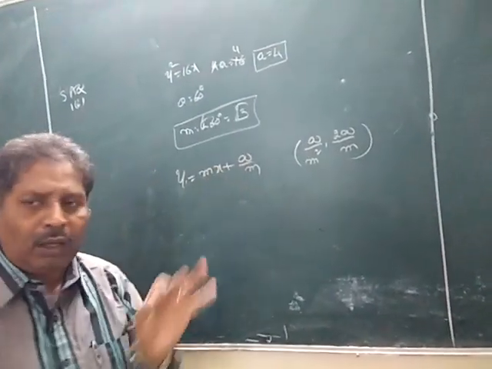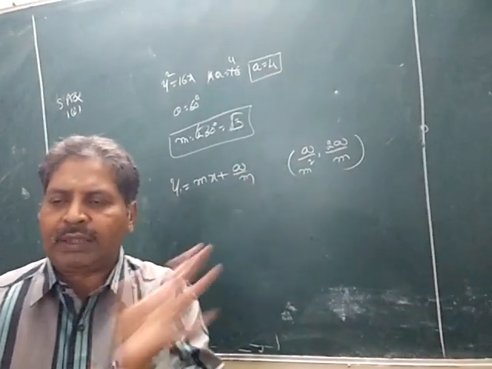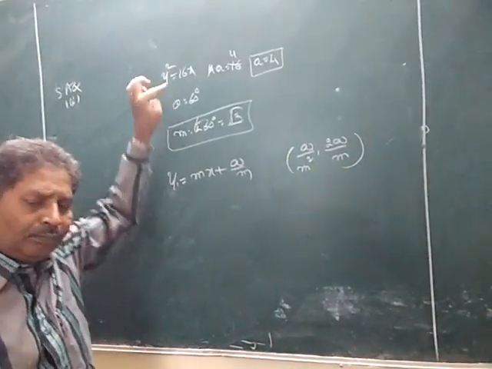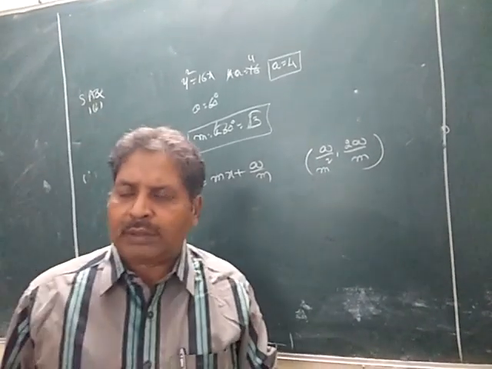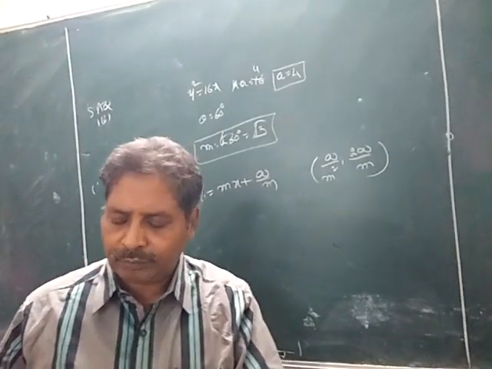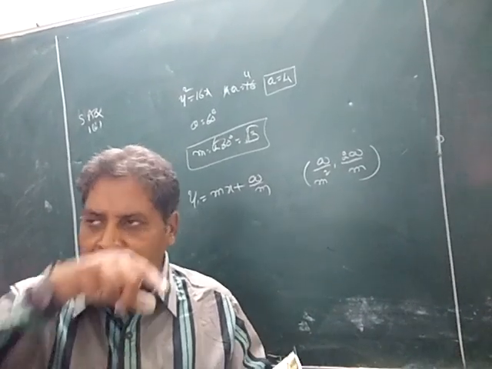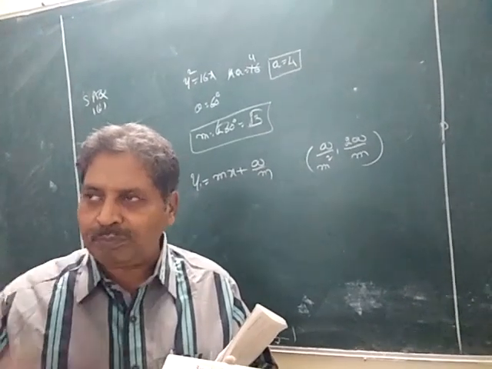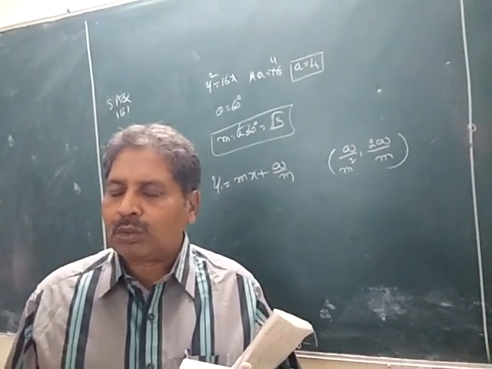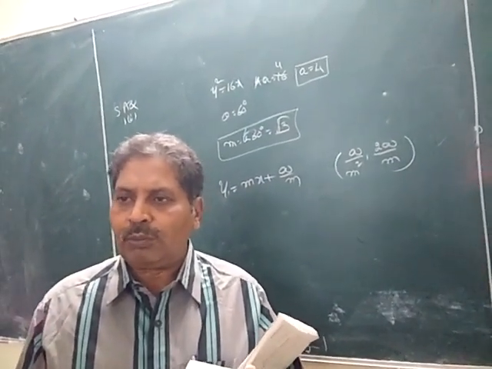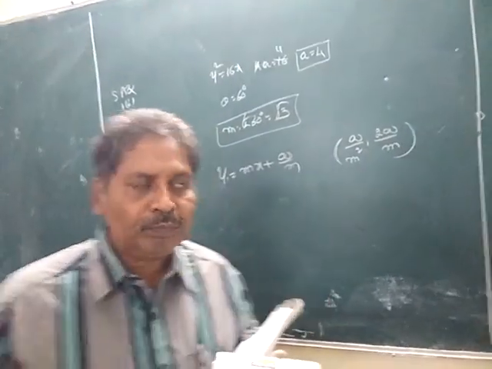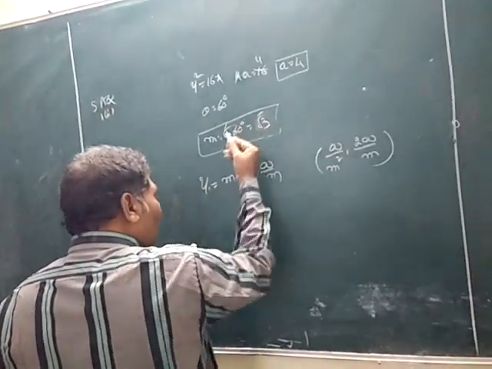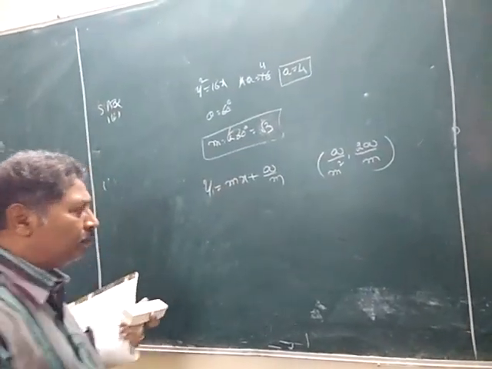In this formula, m is the slope of the tangent. So write down: given theta equal to 60 degrees, m equal to tan theta, tan 60, that equals √3.